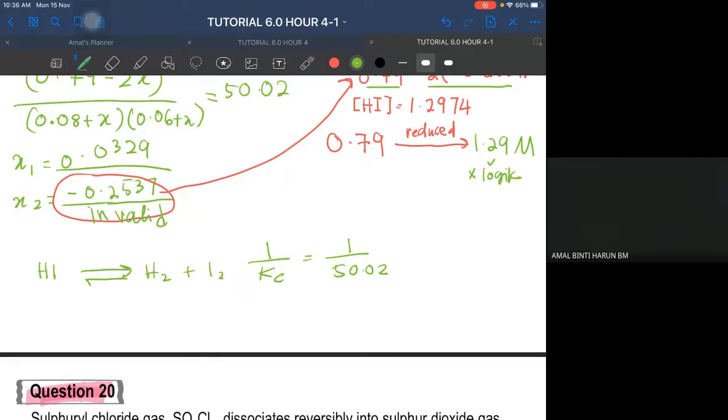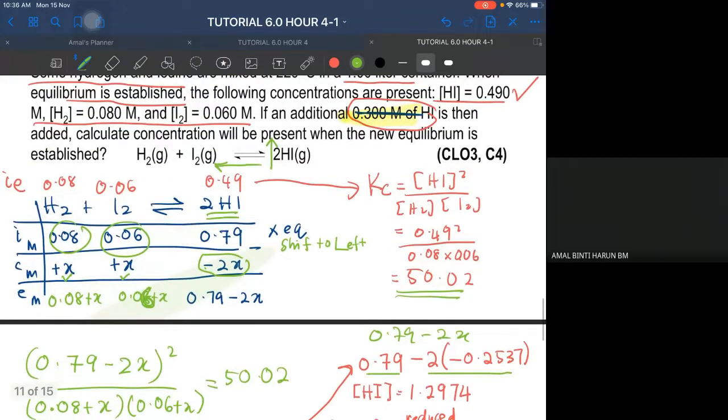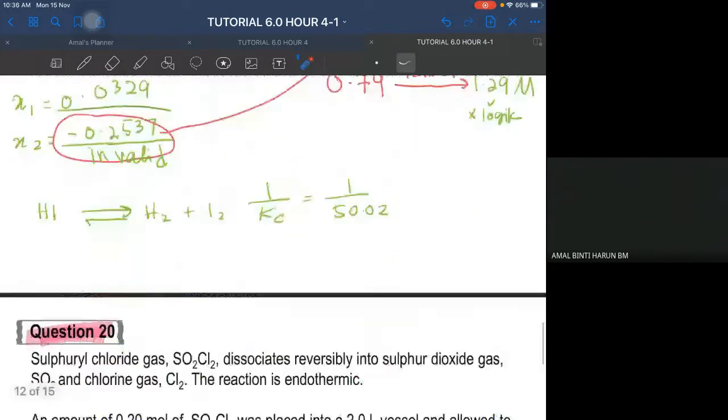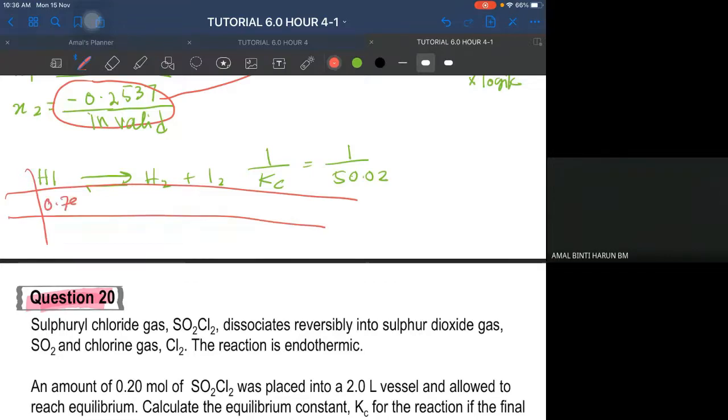Boleh juga buat macam tu. So your ice table here can be like my ice table, but you can shift here. If you shift, saya buat ice table yang baru. So this one 0.79. You nak kata dia pergi ke kanan lah kan? Sebab HI banyak.